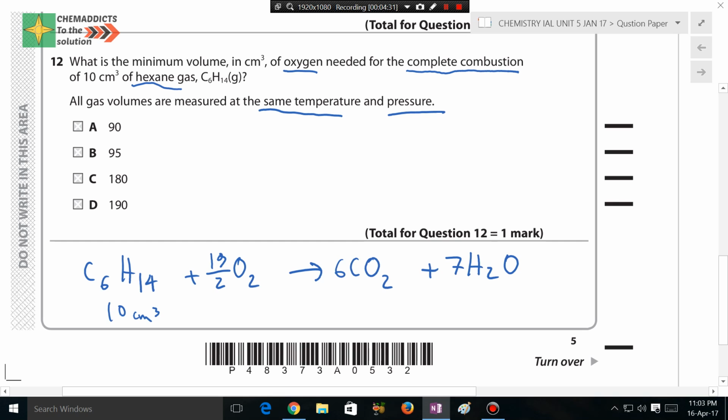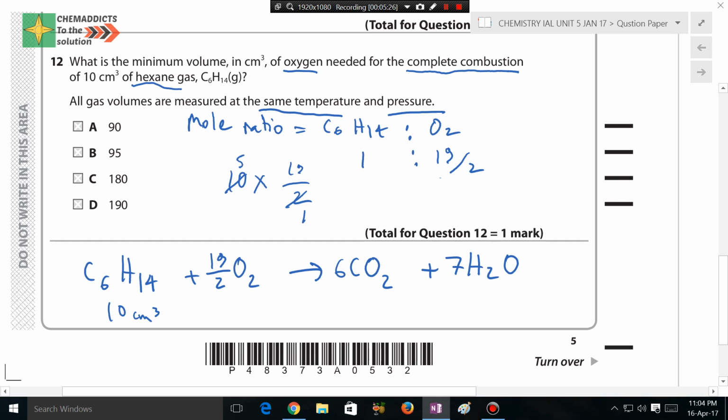So if we use 10 cm cube, we multiply this with 19/2, since the mole ratio of C6H14 to oxygen is 1:19/2. So 10 multiplied by 19/2.